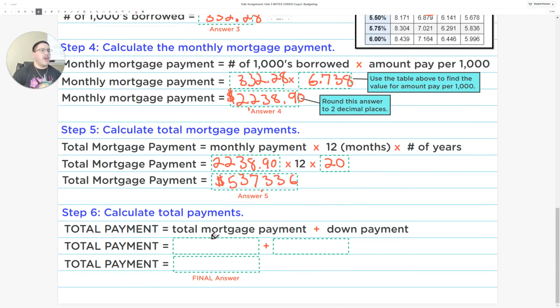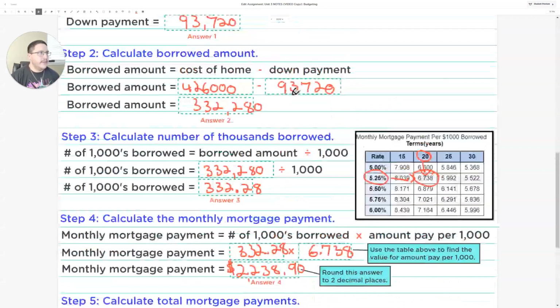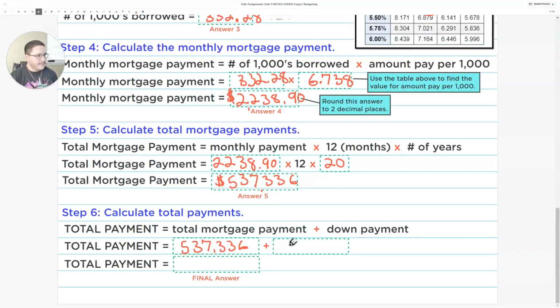Now, to calculate the total payment overall, including the down payment, we're going to add that number, 537,336, plus the down payment, which was 93,720.